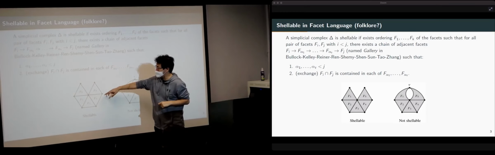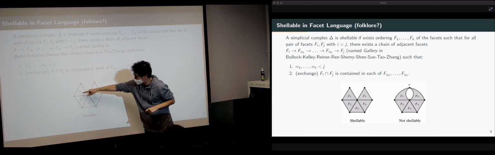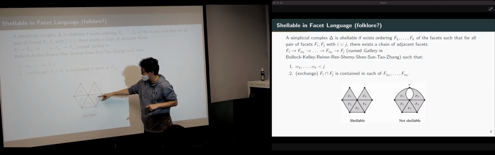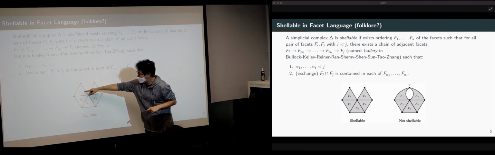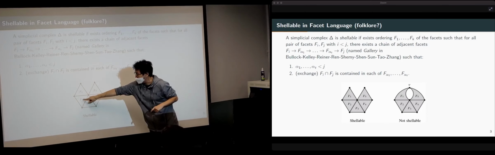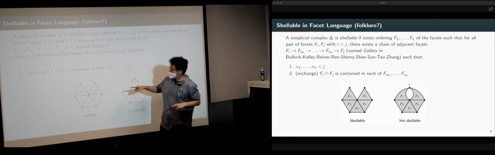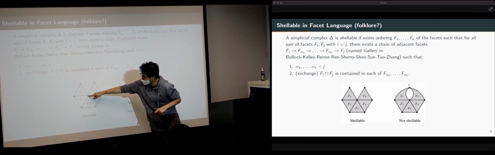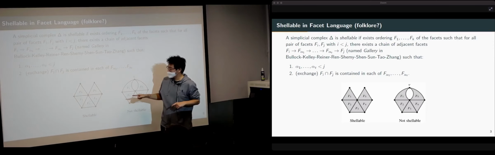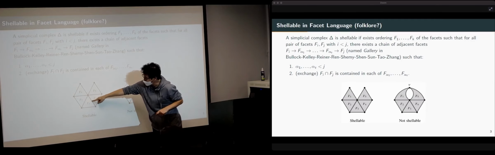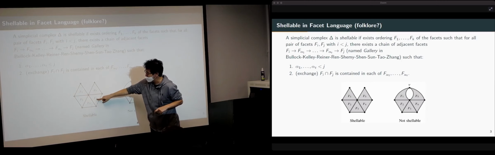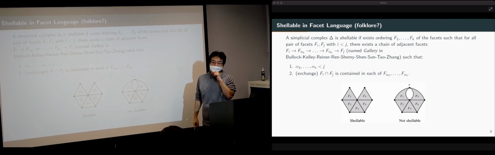Let's take a look over here. We have an ordering F1, F2, F3, F4, and F5. Why is this a shelling order? Because whatever pair you choose, for example F2 and F5, you can maintain the intersection, which is this dot in the middle, while taking the chain of adjacent facets, F3 and F4, to get to the other facet.